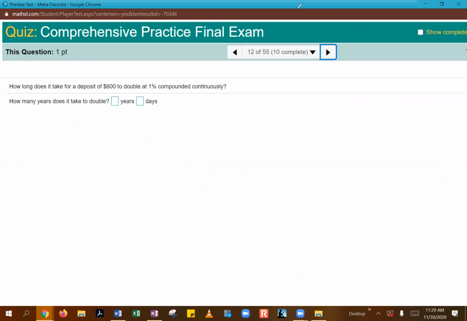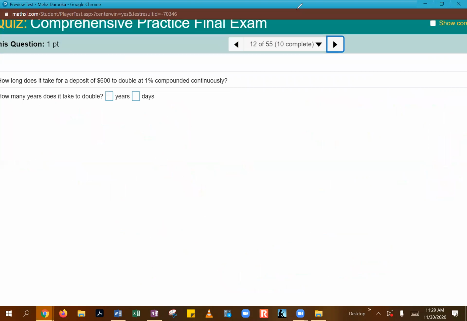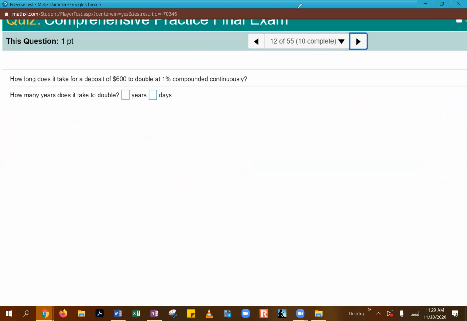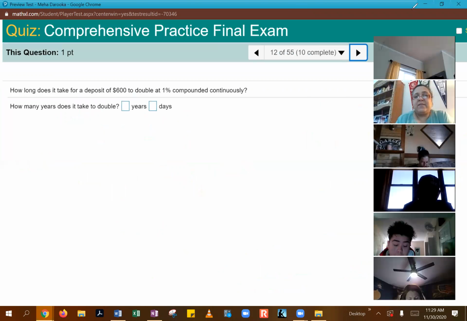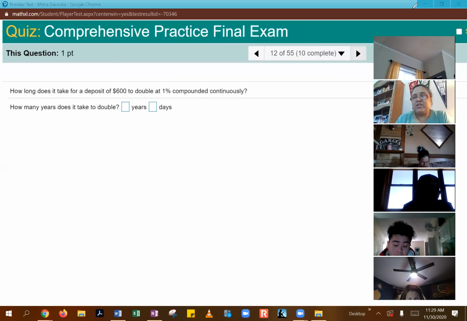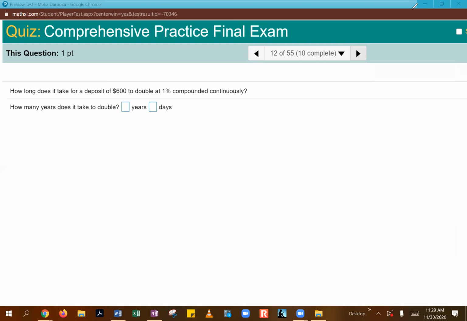So remember, again, that is from chapter 1. Can you tell me which formula you end up using over here? They're talking about how long it takes for a deposit of $600 to double at 1% compounded continuously. So I'm going to throw the two formulas at you and you tell me which one you're going to use in this example.